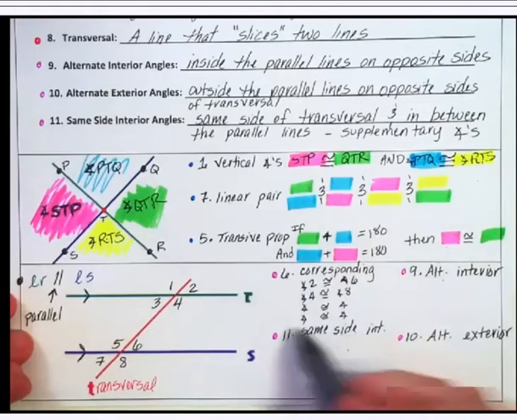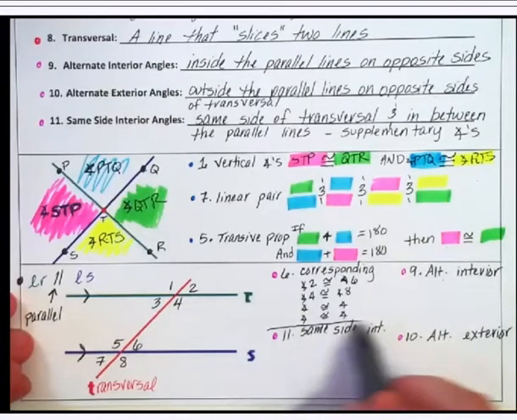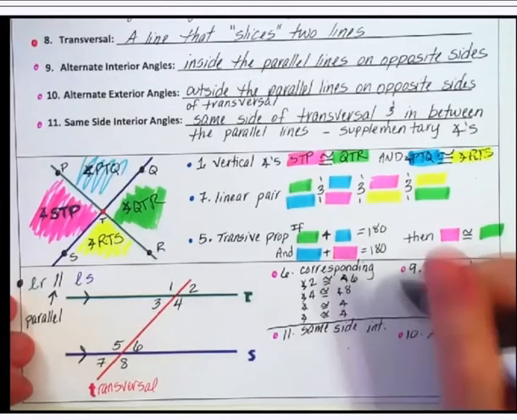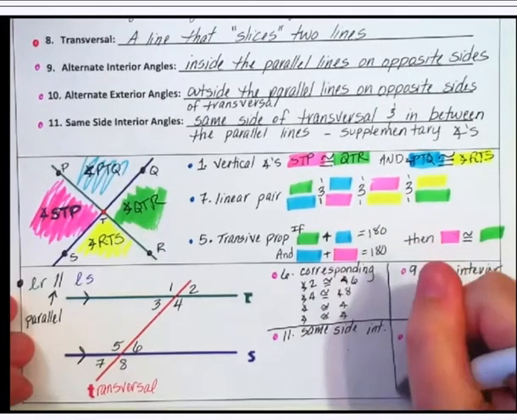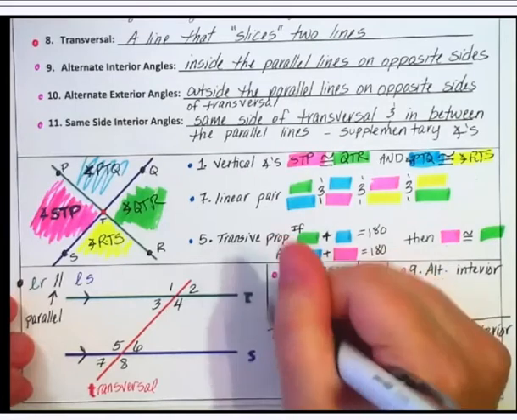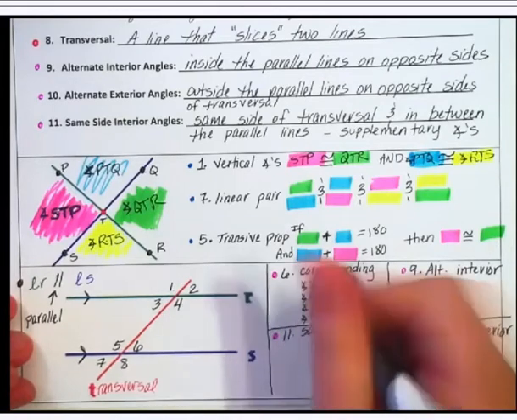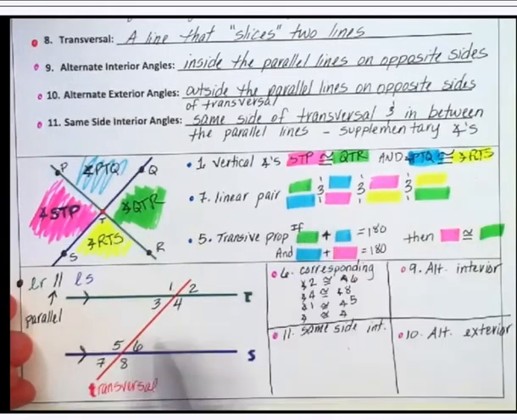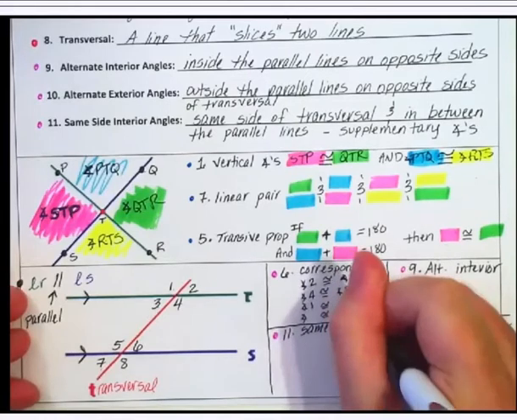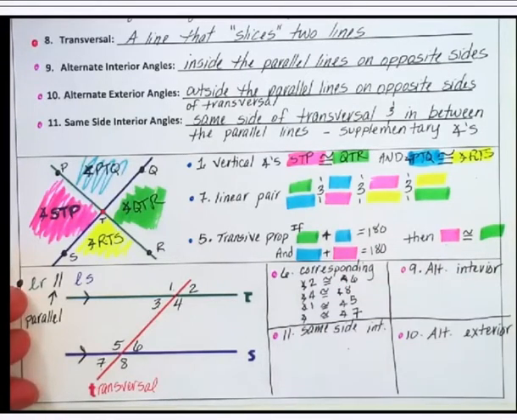And I know that this is tight space here. Okay, so I found angle 1 is corresponding to angle 5. And angle 3 is corresponding to angle 7. So corresponding angles are congruent. Okay.